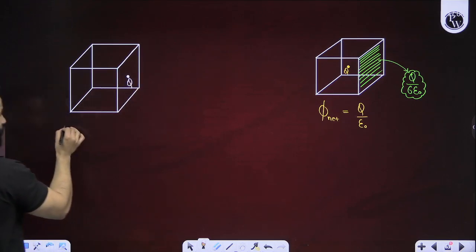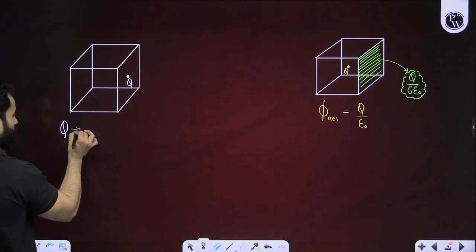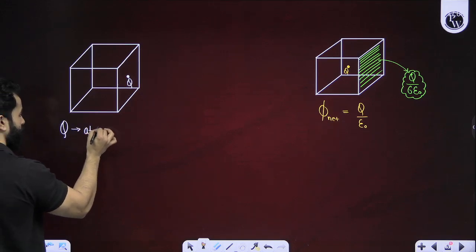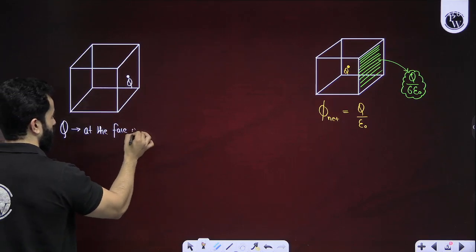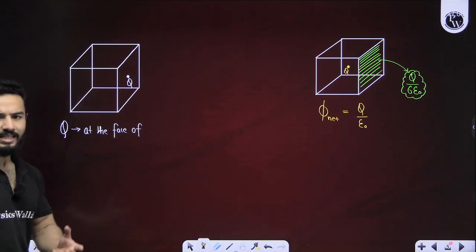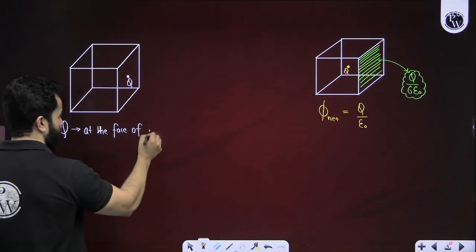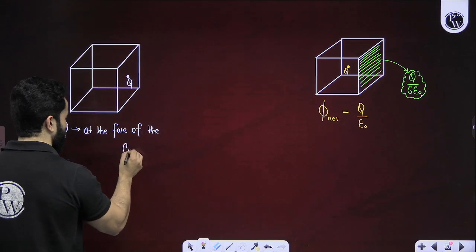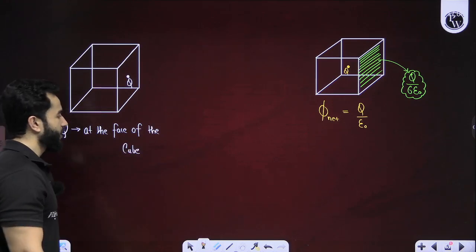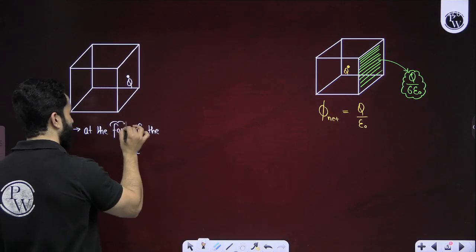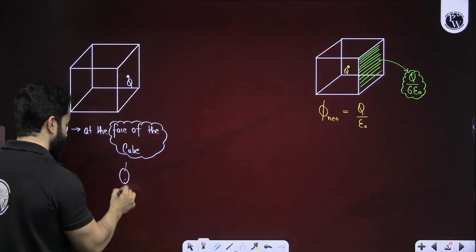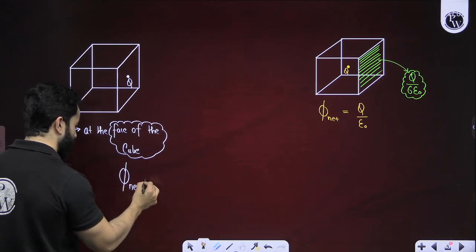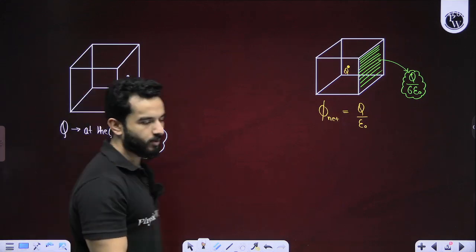So I'll also write it, charge is at the face of the cube, and you have to tell me the net flux linked with this cube.